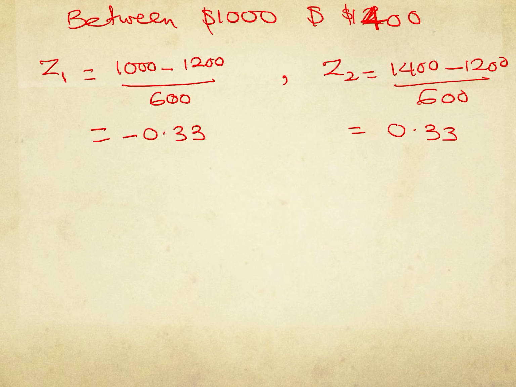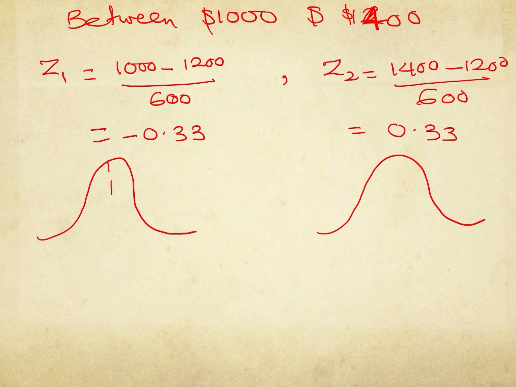All this is just telling us is that if we're in the graph, I'm going to draw. Let's draw the two graphs again. So remember, in the first graph, let's put the x values. So you have x1, x2. So in the first graph, the mu value will be 1,200.